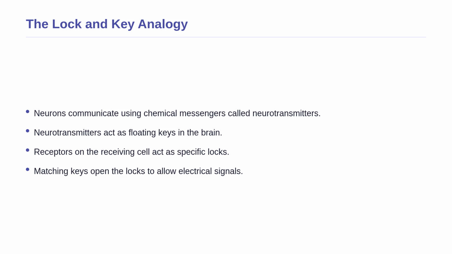These neurotransmitters act exactly like floating keys, searching for their matching locks. The locks on the receiving cell are what we call neurotransmitter receptors. When the right key slides into the right lock, the door opens, allowing electrical signals to flow so the brain can process thoughts, movements, and emotions.